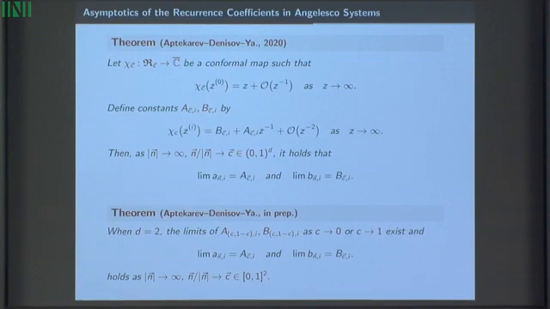As I said before, the supports of the equilibrium measures can be smaller than the original intervals. So take two Angelesco systems on two intervals. I can record my direction by this constant c. When c goes to 0, the support of the equilibrium measure in this interval would be the whole thing, but on this one, it will start to collapse to one point, which is the leftmost point of the interval.